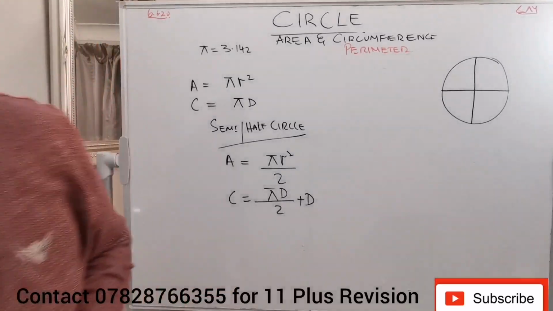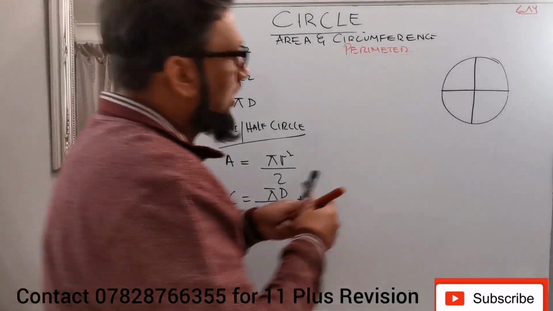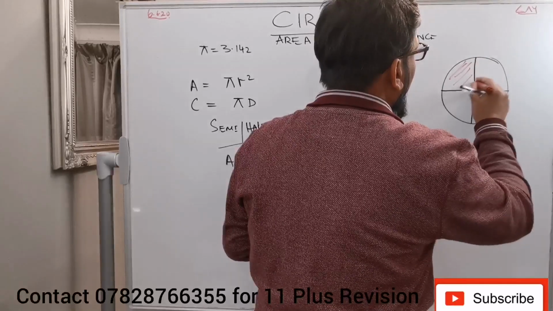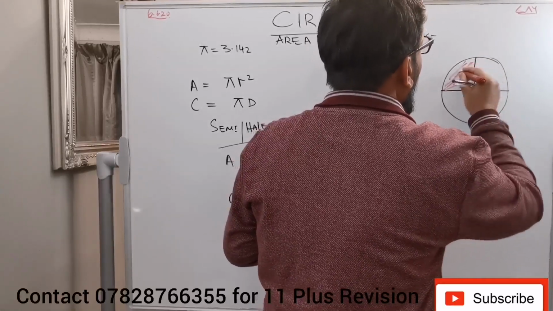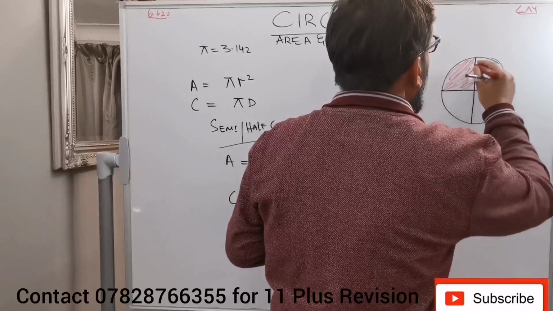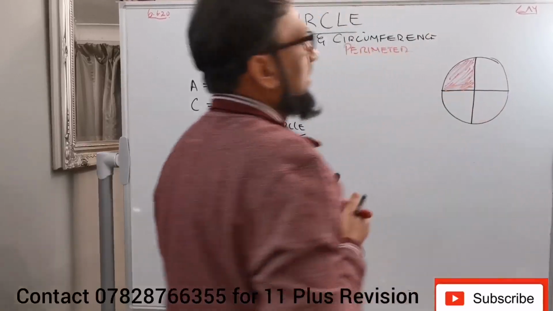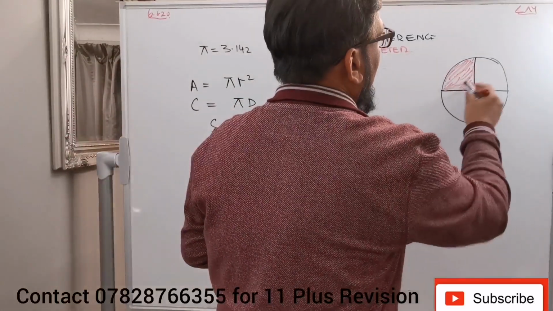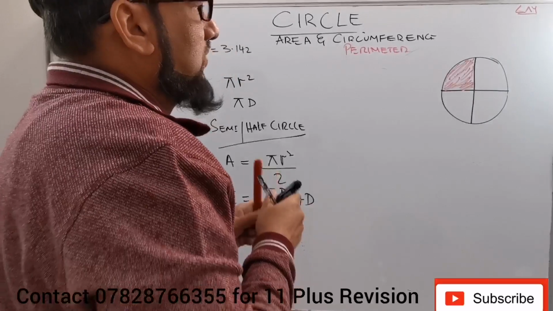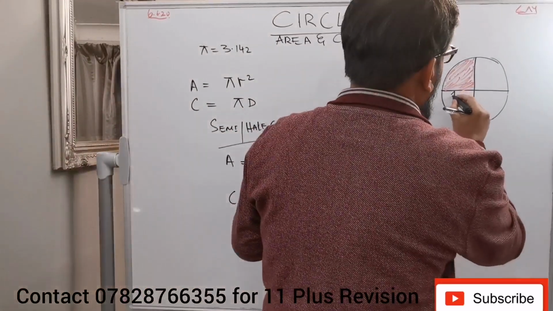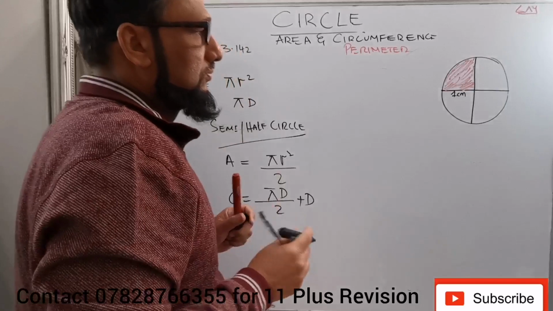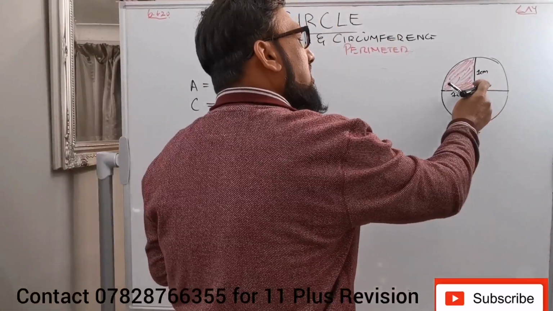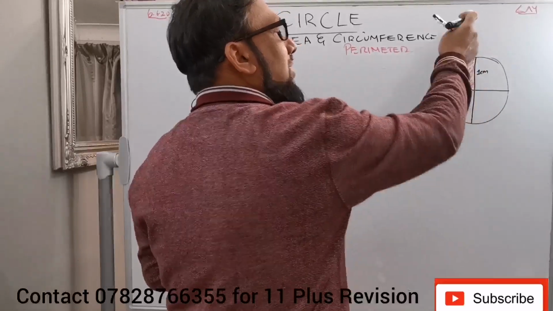The examiner is asking about the area and circumference of this shaded area, and they are giving a value of 1 centimeter. So it means the radius is given, which is 1 centimeter.